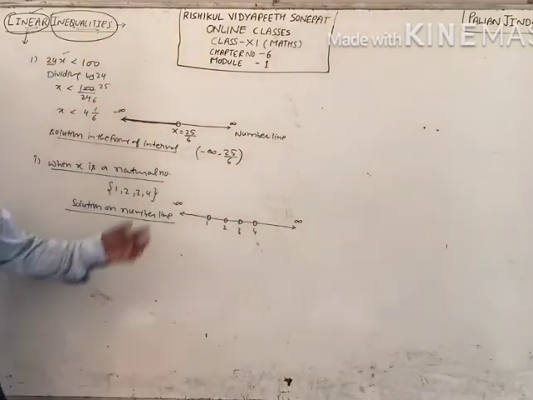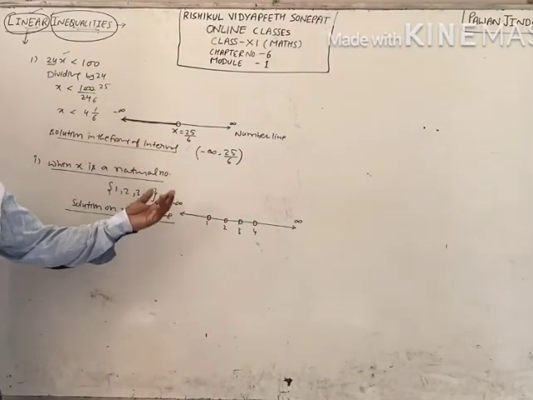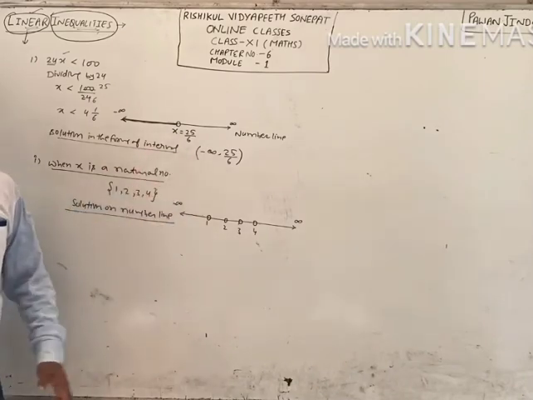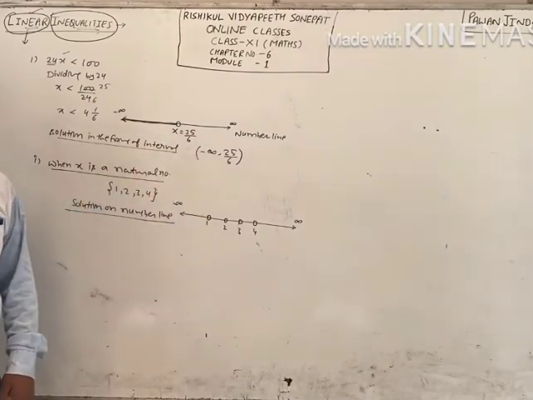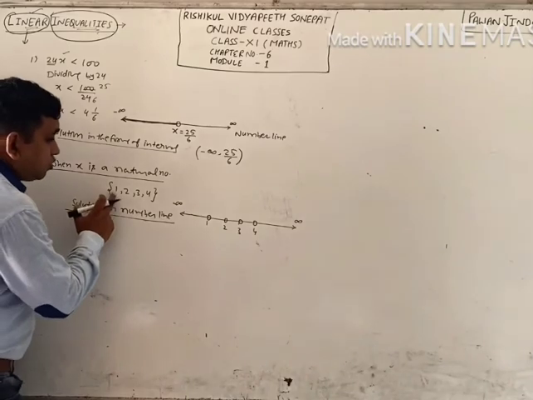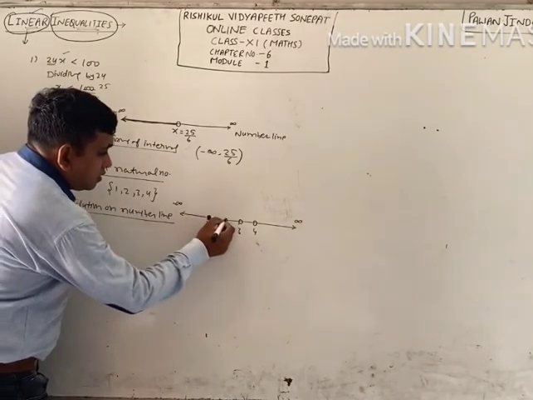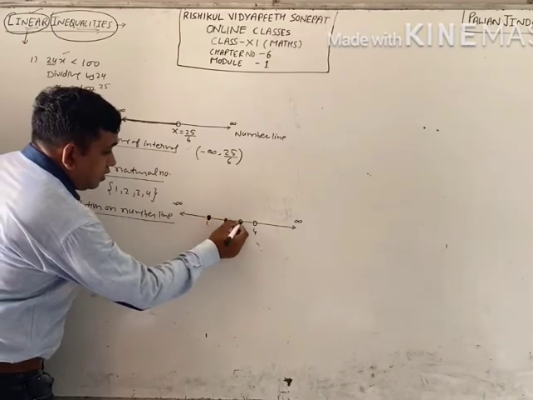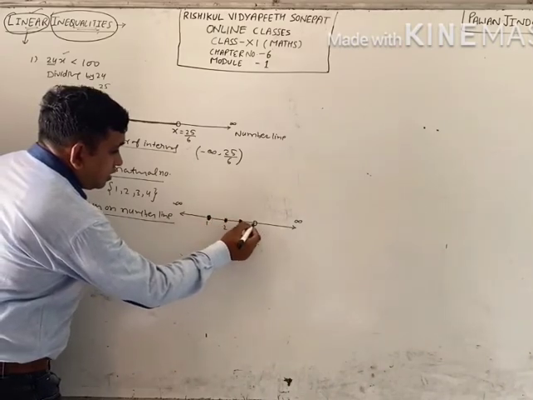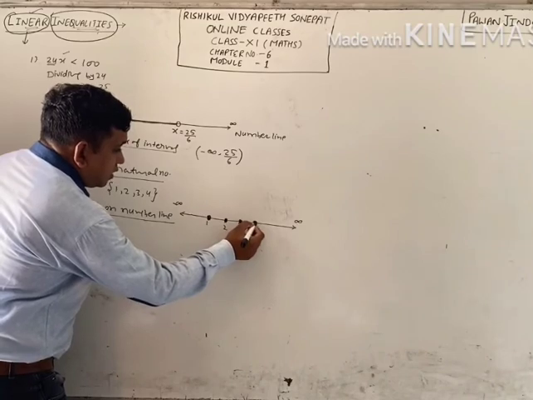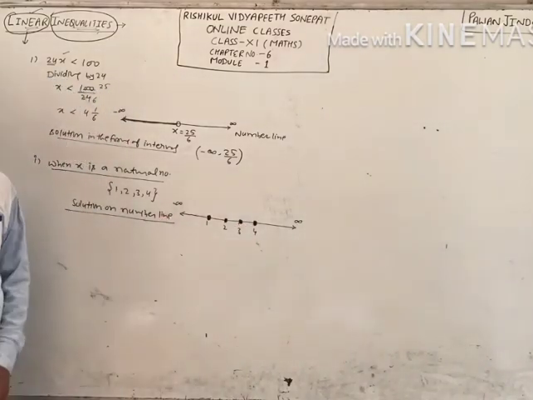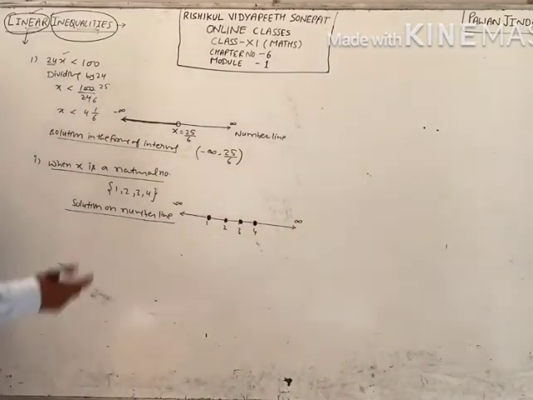And I told you before also, the point which you want to take in solution, darken that point. Now my solution is x equal to 1, therefore you will darken this one. This also darken, and this will also be. This is the solution on number line. Now see, next part.